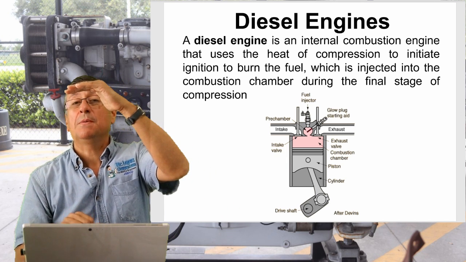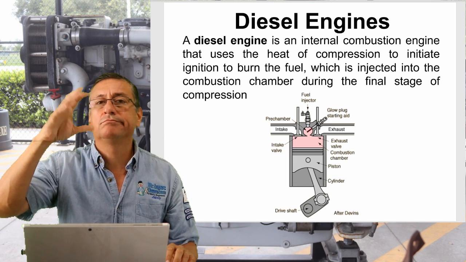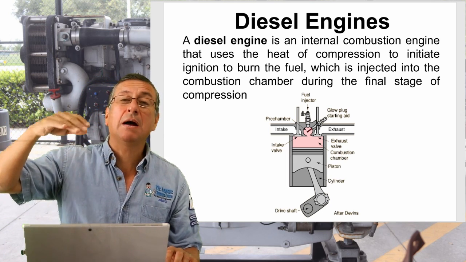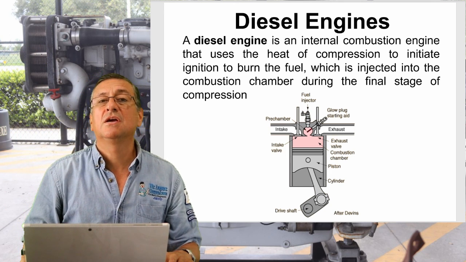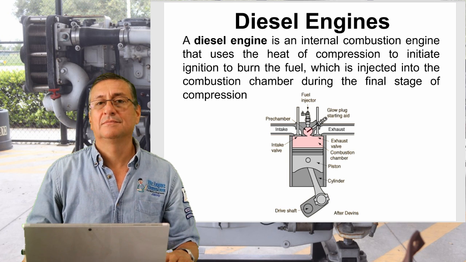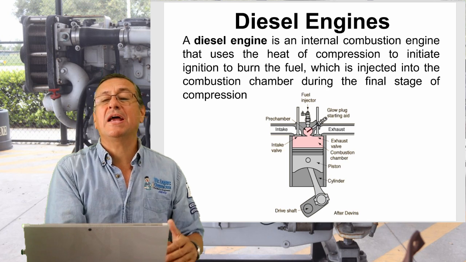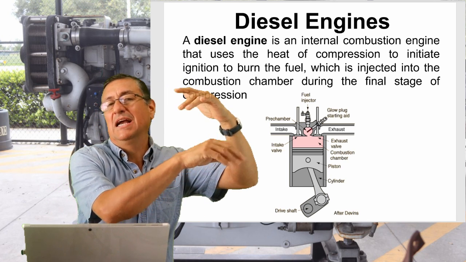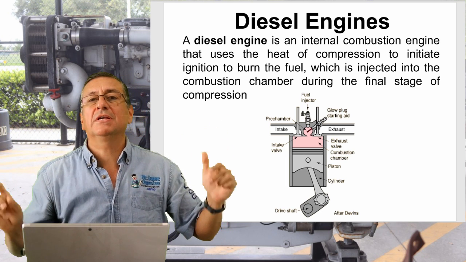When you compress pure air, you have pressures superior to 400, 600, 1000 or more psi. In a gasoline engine, when you compress air with gasoline or other fuel, the pressure is around 200 psi.